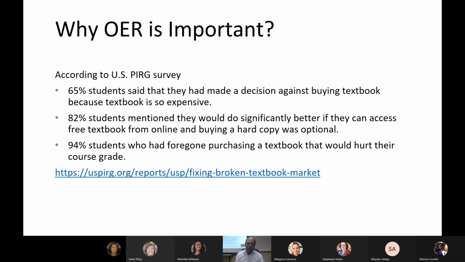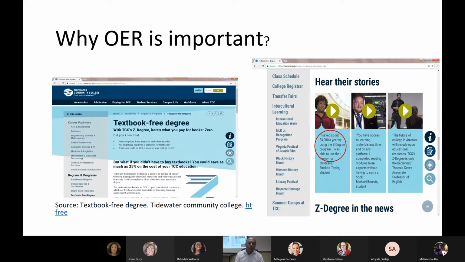The majority of students said that if they can access a free textbook online, it is very helpful for them. And 94% of students who had foregone purchasing a textbook said that it would hurt their course grade. So you can see this is the experience of the majority of students with textbooks.